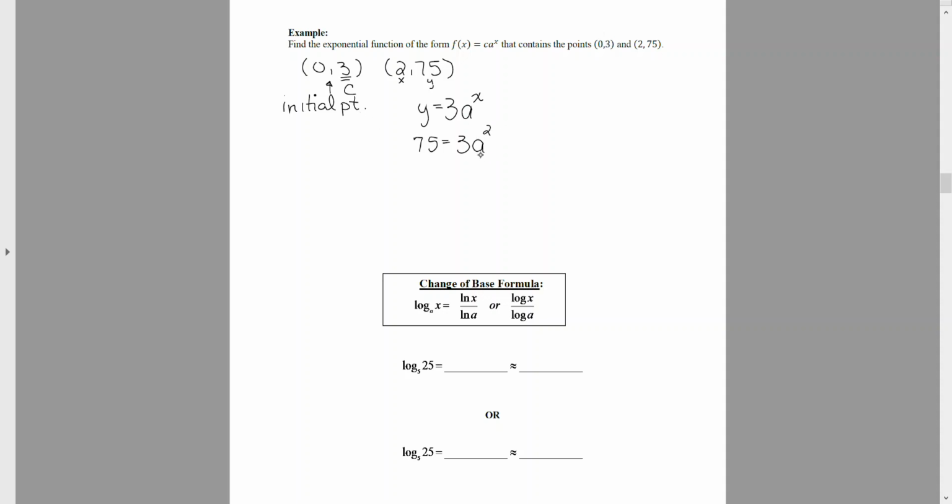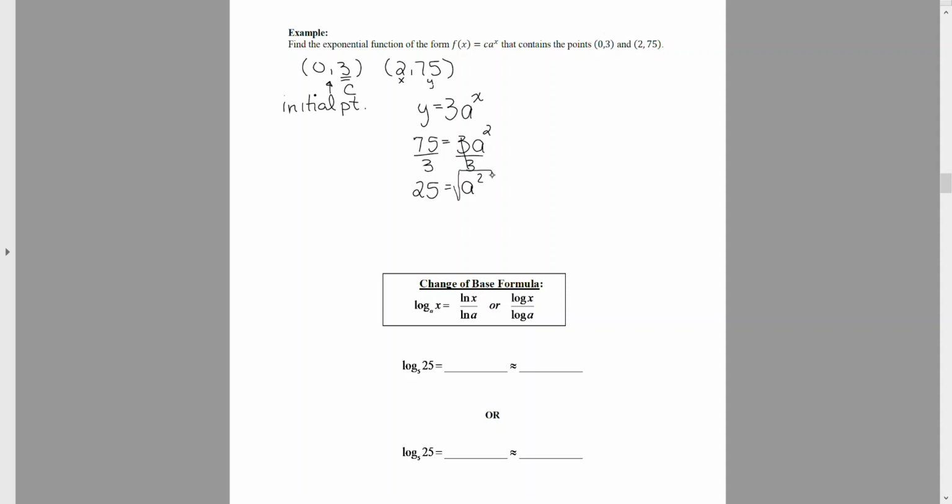So our goal is now to find a. To get a by itself, I need to get rid of the 3 first. It's hooked by multiplication, so to undo multiplication, we divide. So I have a squared is equal to 25. To undo a power, I take a root to both sides.